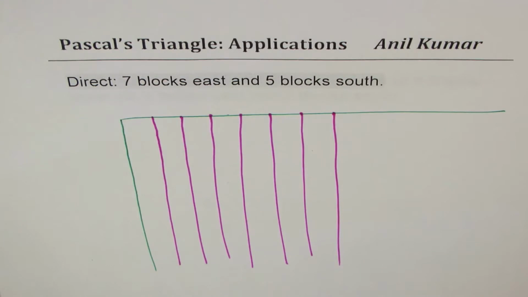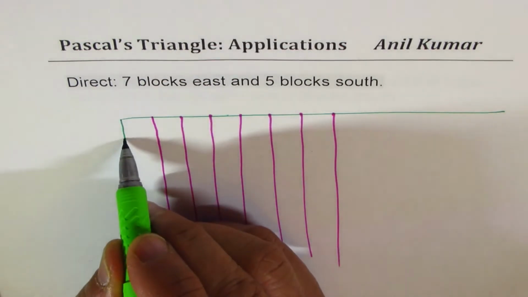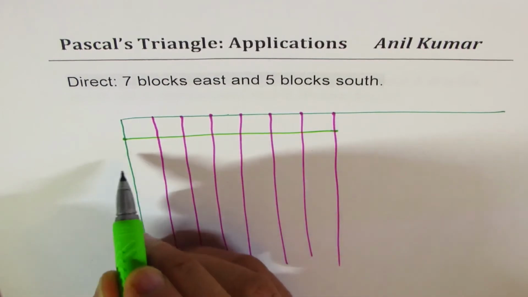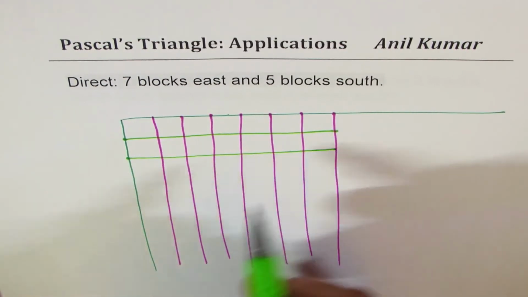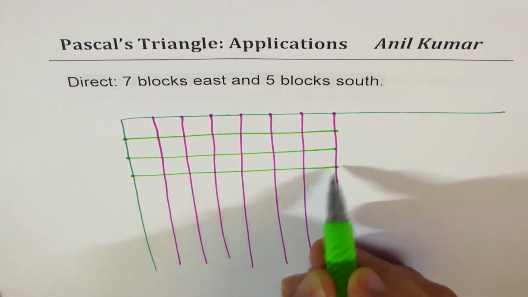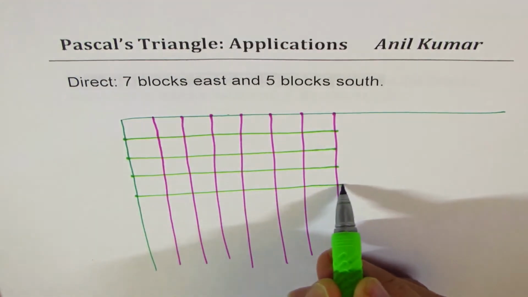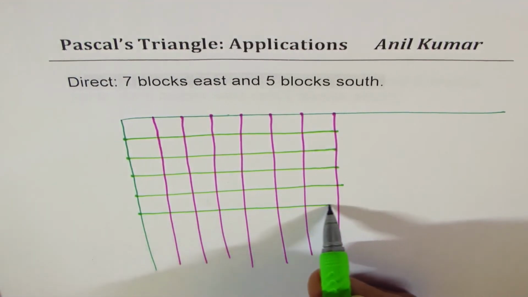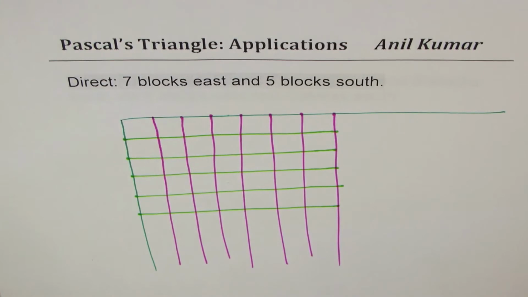And we'll draw 5 blocks south. So let's say 1, 2, 3, 4, and 5. So that gives us the position.